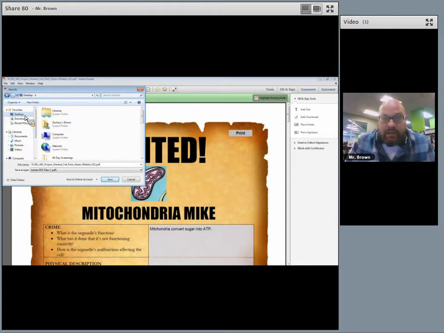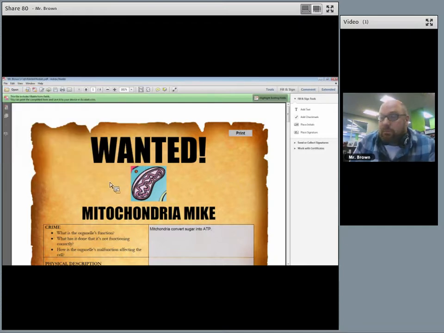If you're using a flash drive or a USB drive, save it there. And you can name it, let's say, Mr. Brown's Cell Wanted Posters. Save. Boom. And that's it.